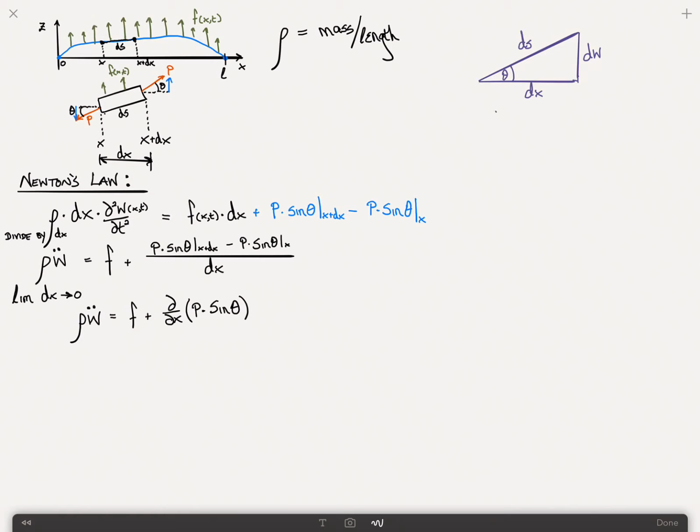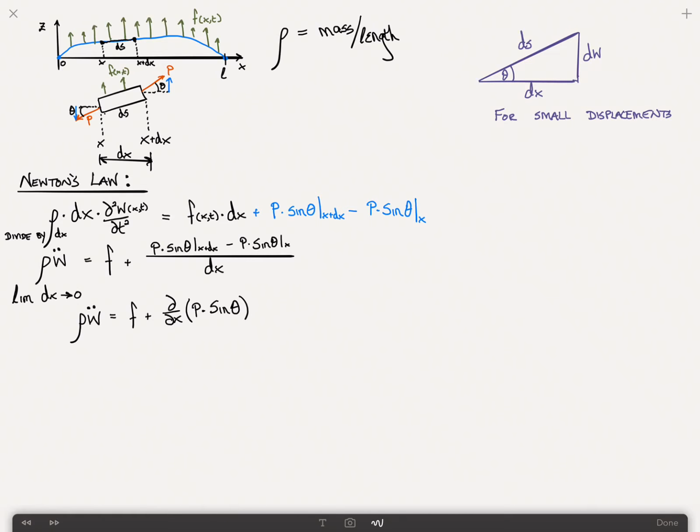But for small displacements, which is the assumption here, so for small w's, this is to say if dw is very small, or if theta is very small, it's the same thing we're saying, then ds and dx are approximately equal. Let me write that all mathematically.